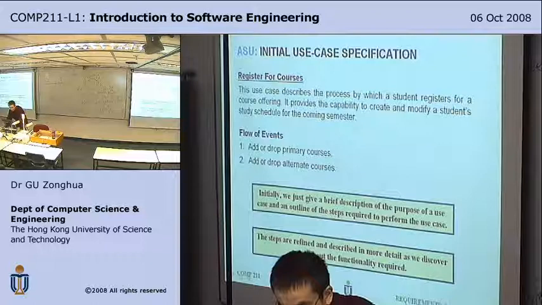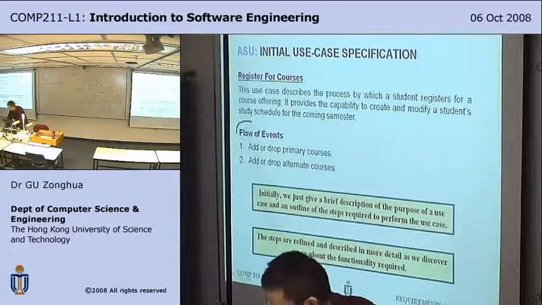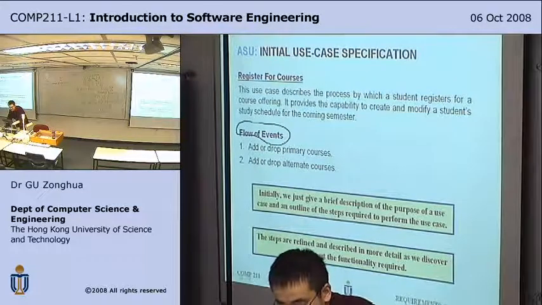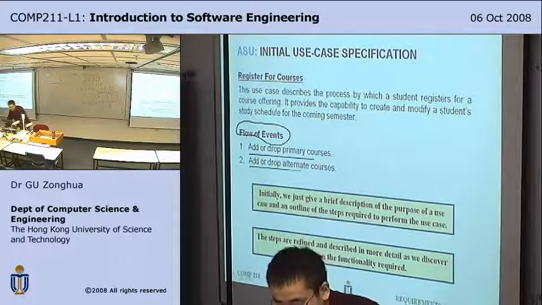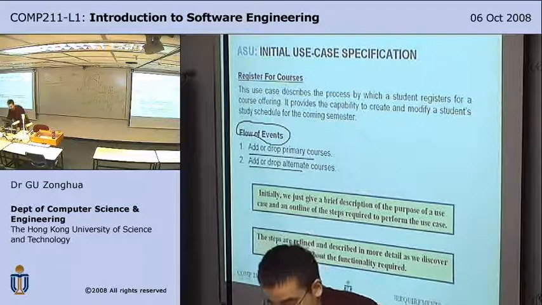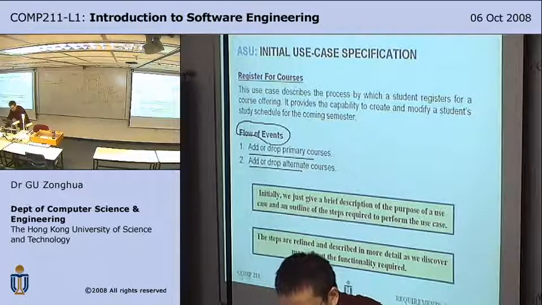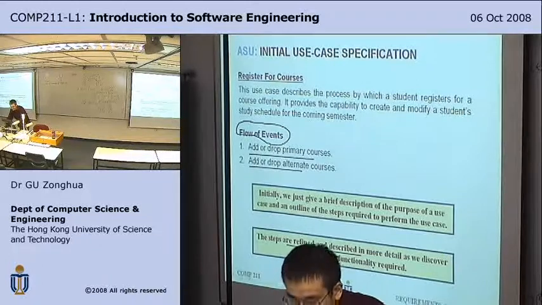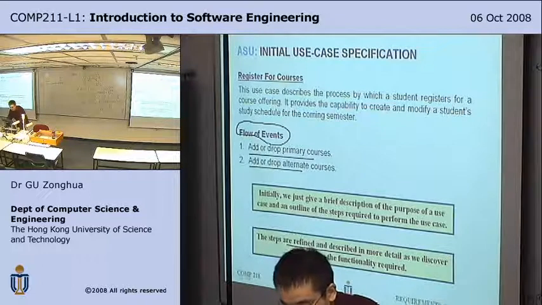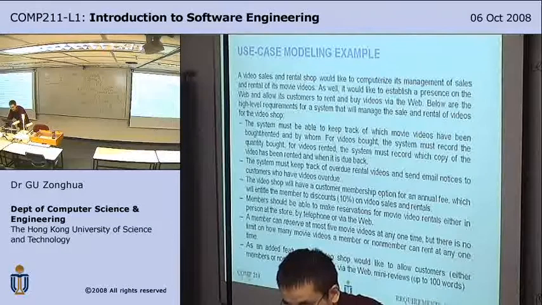So we add this so-called flow of events after we design the use cases. That is, add or drop primary courses, add or drop alternative courses, and each one may have a list of steps. So that's what we mean by refine the steps and describe in more detail later. So right now we're just giving a brief description of the purpose.